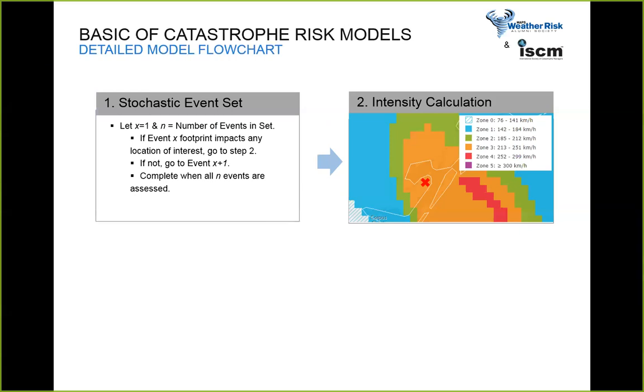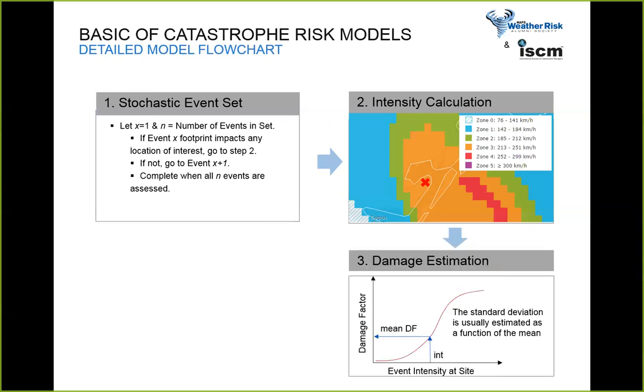Once you calculate the intensity, which is a 3-second gust, that gets fed into the damage estimation. So here in damage, the damage function, you have on the y-axis the intensity damage factor, and the model looks up where on the vulnerability curve that intensity lies and obtains the mean damage for that risk from that wind speed.